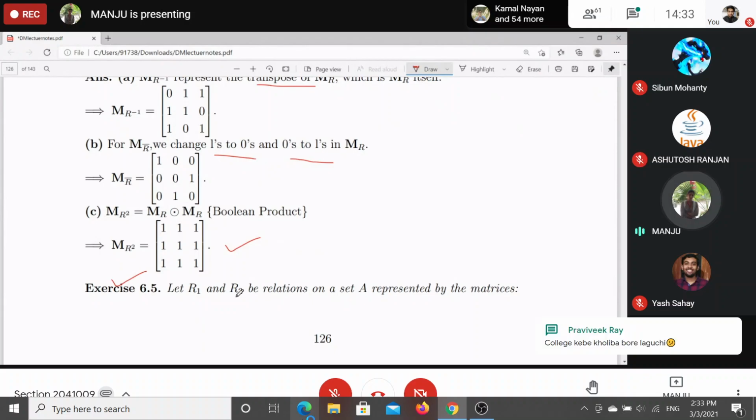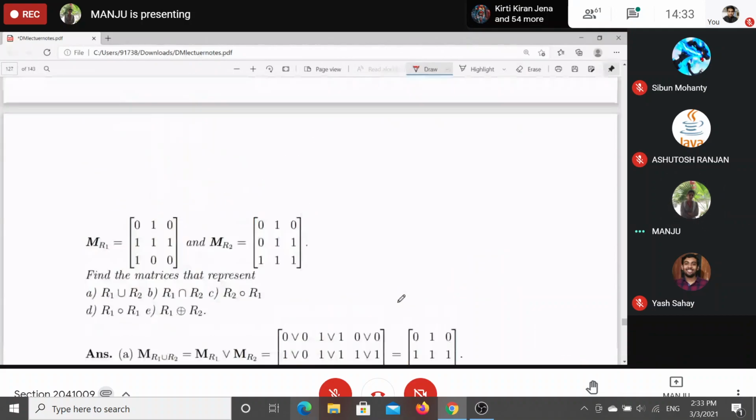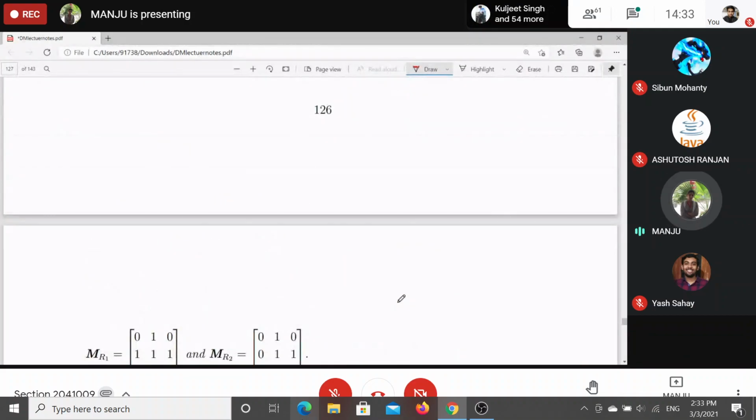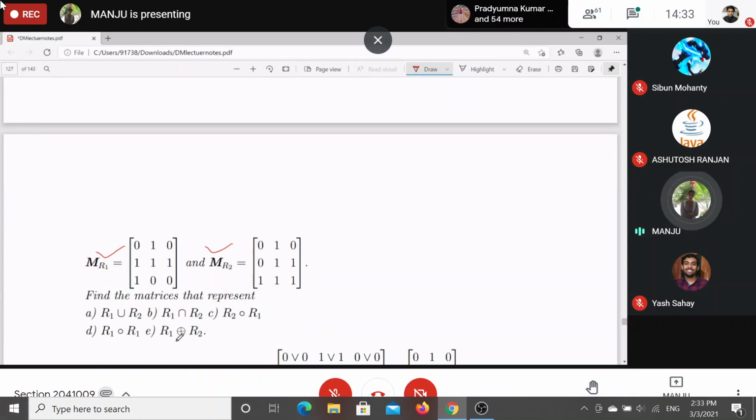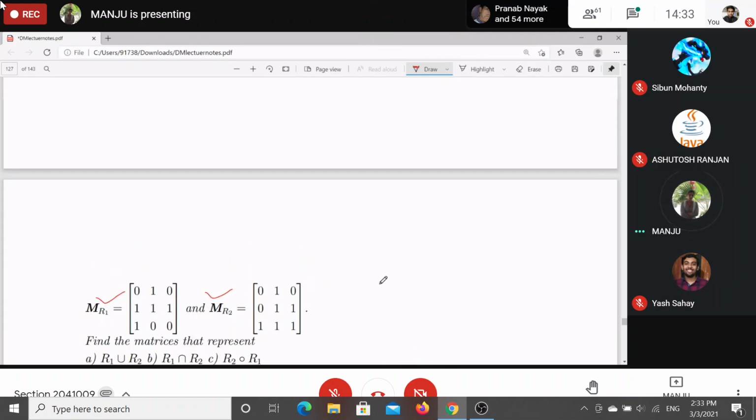Here you have R1 and R2, relations on set A. The matrices representing the relations are given as MR1 and MR2. Find the matrix that represents R1 union R2, R1 intersection R2, R2 composition with R1, R1 composition with R1, and R1 XOR R2.